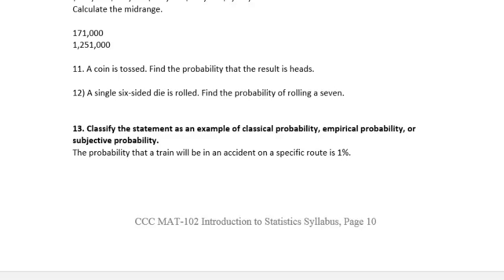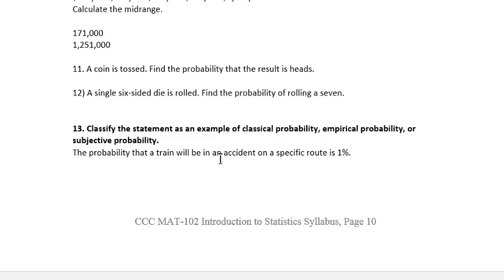Classical probability just means, in general, the probability of certain things happening, assuming that all the probabilities are equal. Empirical probability means the ratio of something that may happen to all the different possibilities. And subjective probability is something where you're using your own personal judgment to determine the probability of something happening.